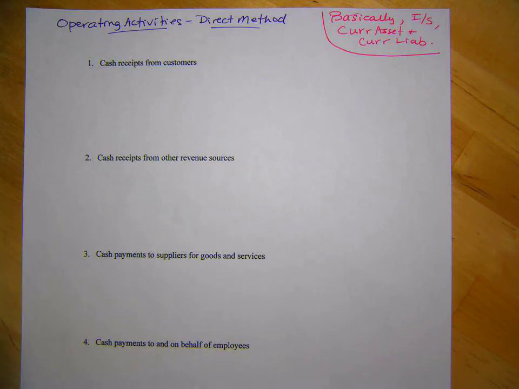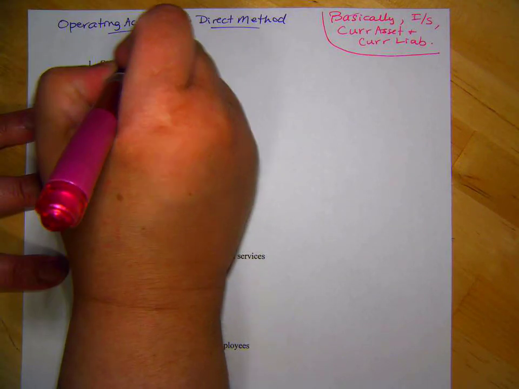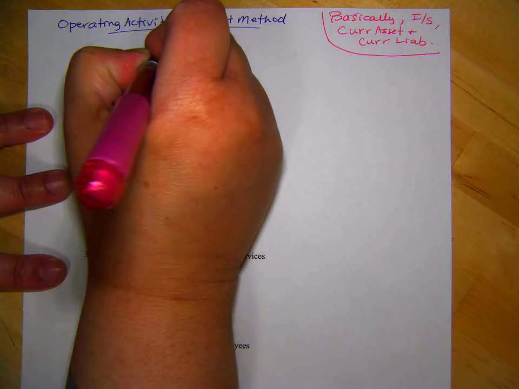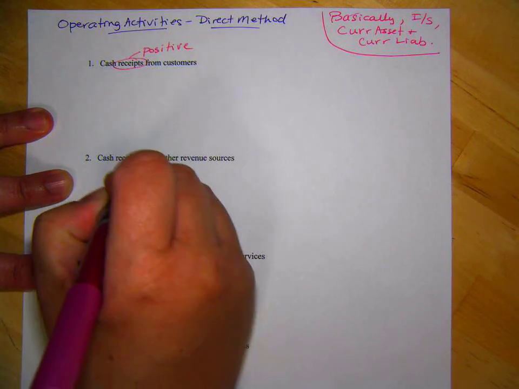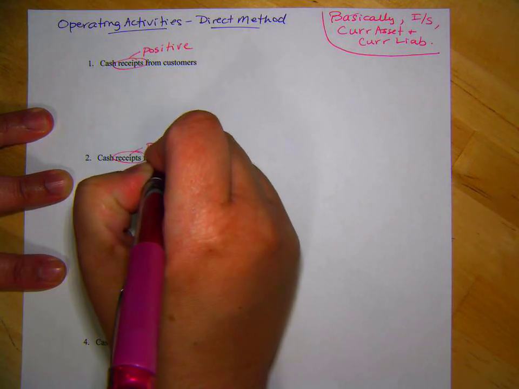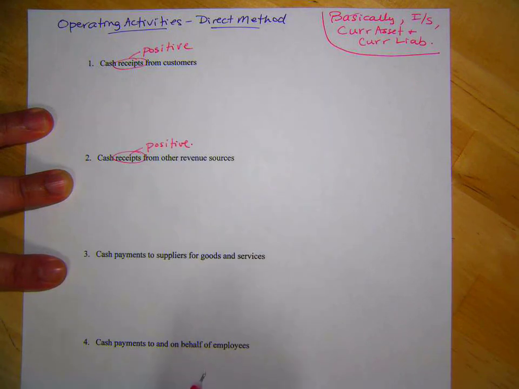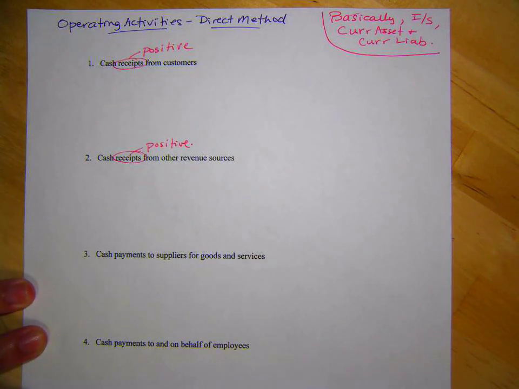Okay, so our 6 areas are cash receipts from customers, cash receipts from other revenue sources, so these are the receipts coming in, so these will both be positive. Then we're going to have 4 sections of payments.